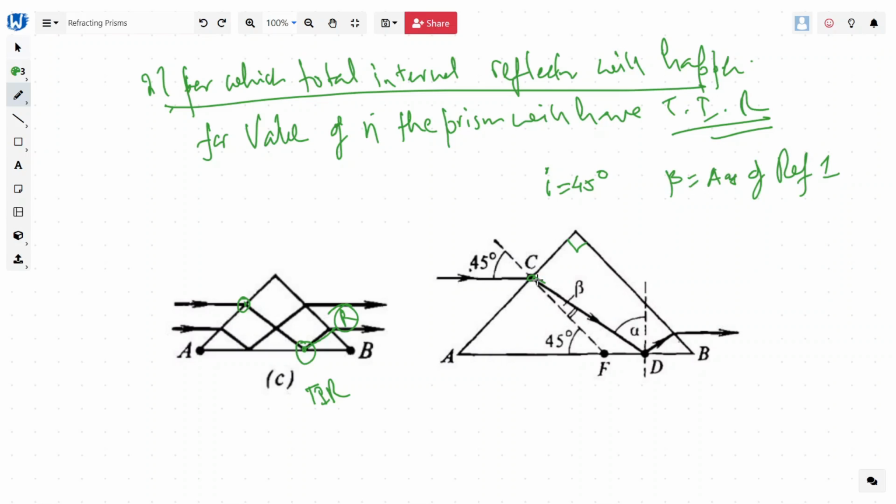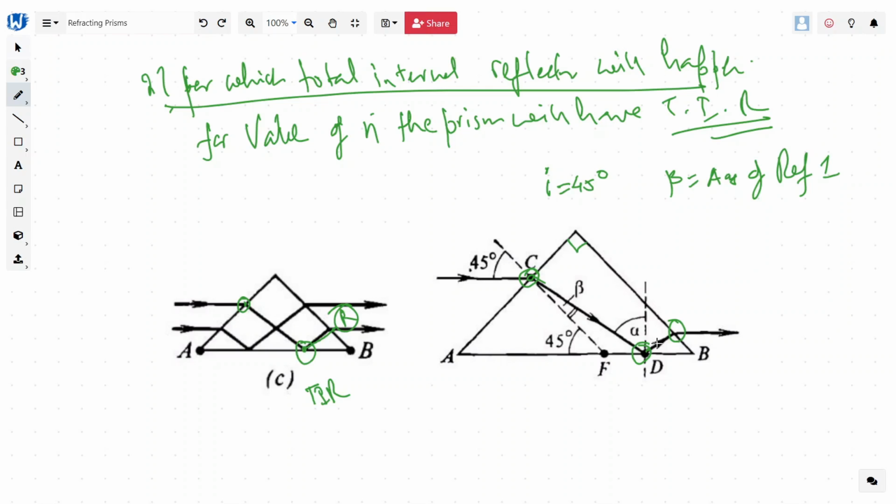Now the ray of light is coming like that, hitting here. We don't know these angles, we are calling it alpha, and then again getting reflected. So we know this angle is going to be also alpha, and then some reflection is happening. We are interested in finding the total internal reflection that happens at point D, and that is what we are looking for, right? So definitely we can write Snell's law here, here as well as here, right?